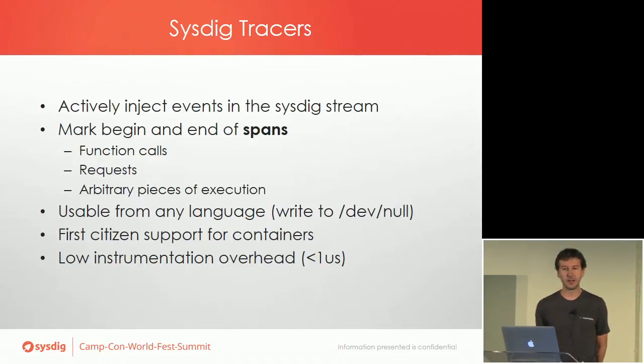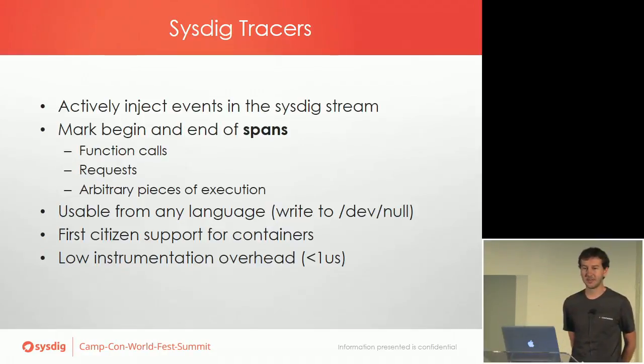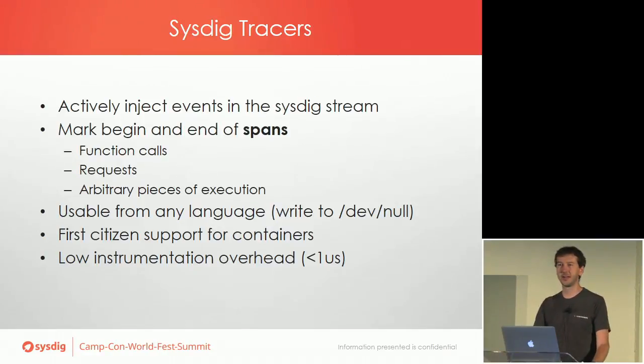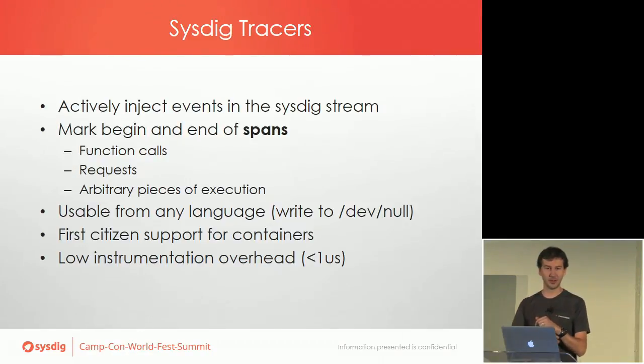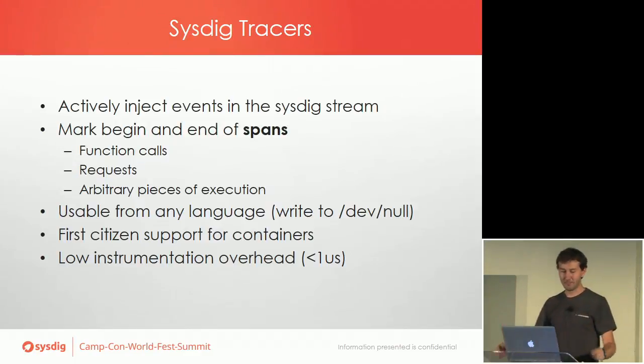In particular, the trick that we use to implement them is you write something to /dev/null. When we started working on that, we first experimented with creating a custom device to collect this information, like in /dev. But then we also wanted this to be container friendly, which is one of the bullets on this slide.